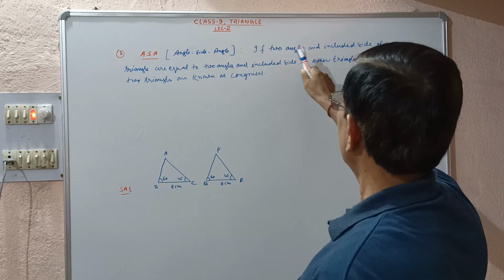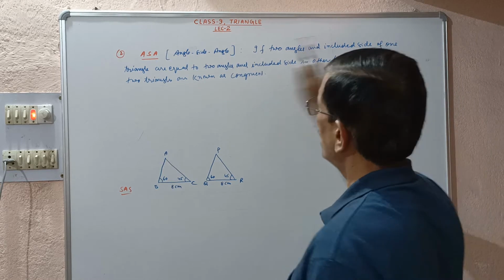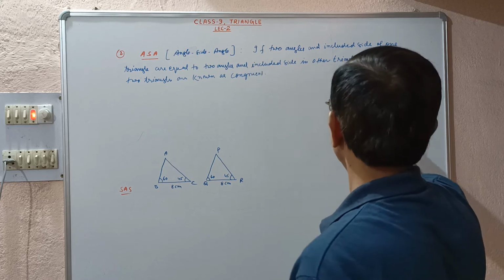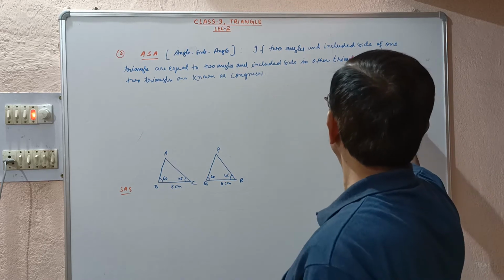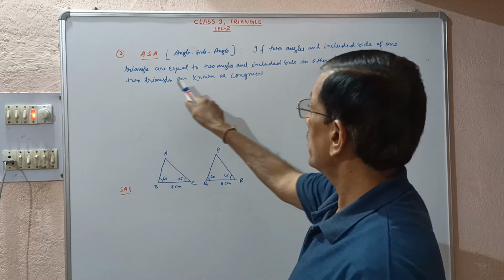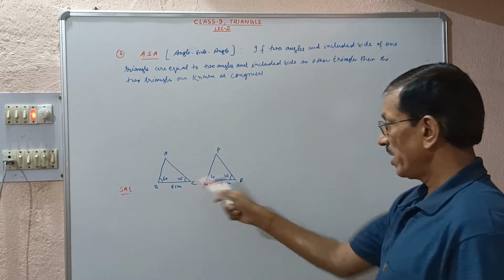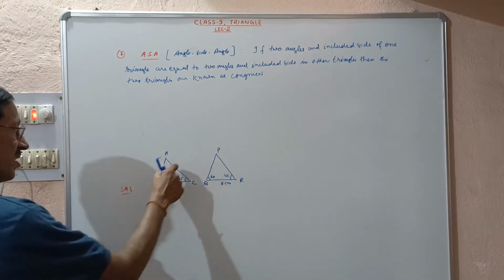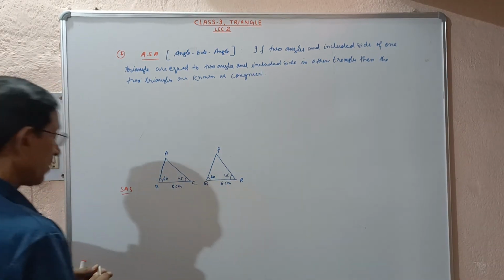If two angles and the included side of one triangle are equal to two angles and the included side in another triangle, then the two triangles are known as congruent, like this. And if we place this triangle over this, then they completely cover.